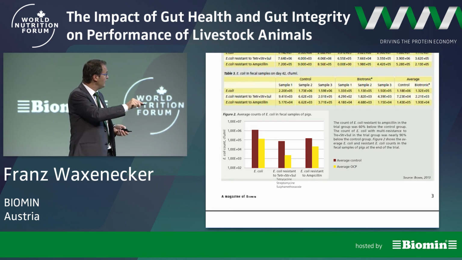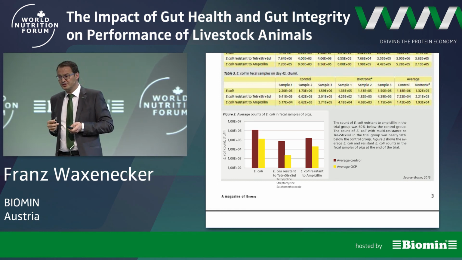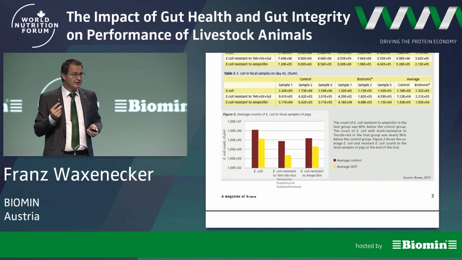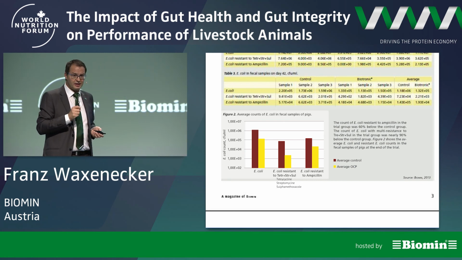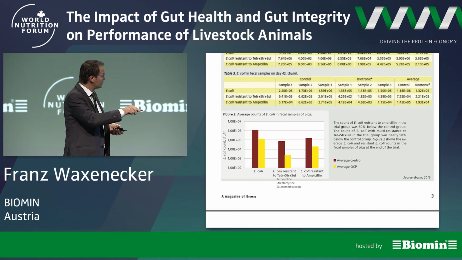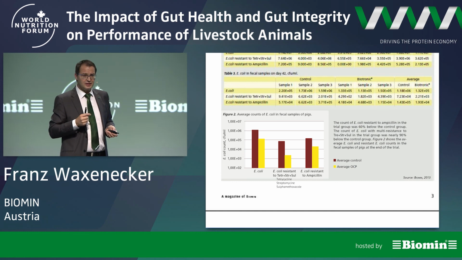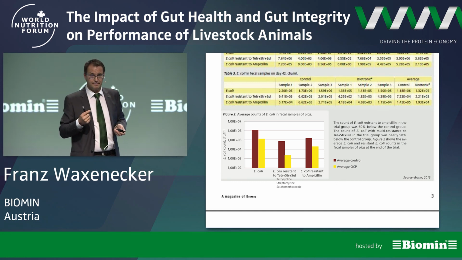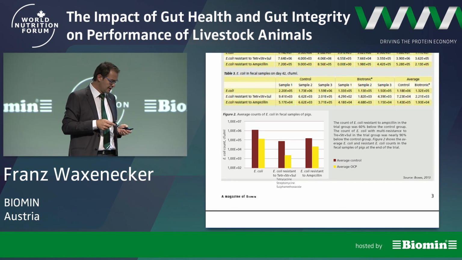And the same in the group of E. coli carrying a resistant gene for ampicillin. So what do we learn out of that? We are in the lucky situation that E. coli bacteria carrying resistant genes against antibiotics are still sensitive against the novel substances, against organic acids in that case.